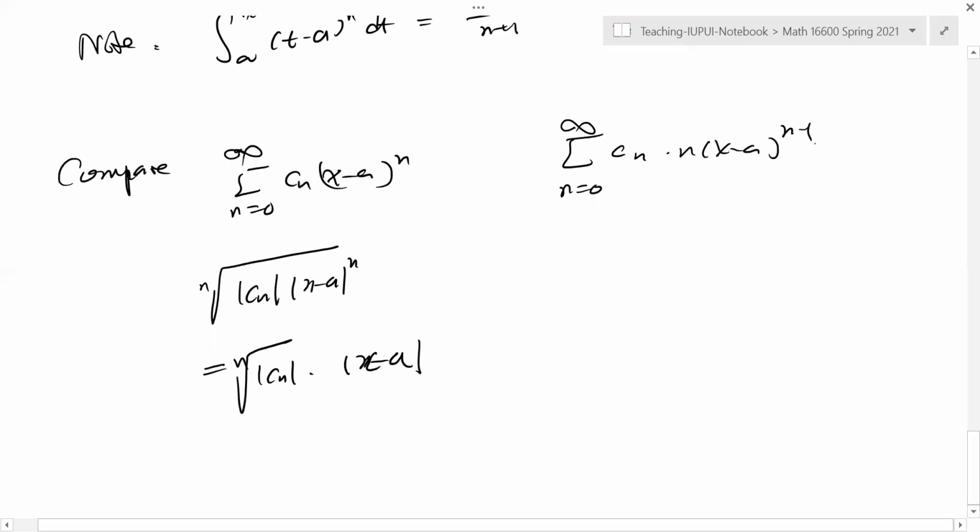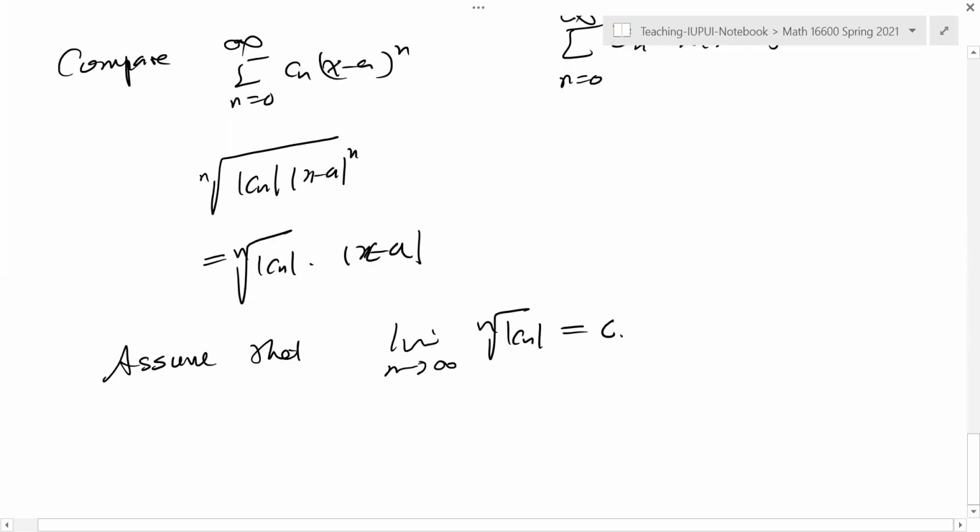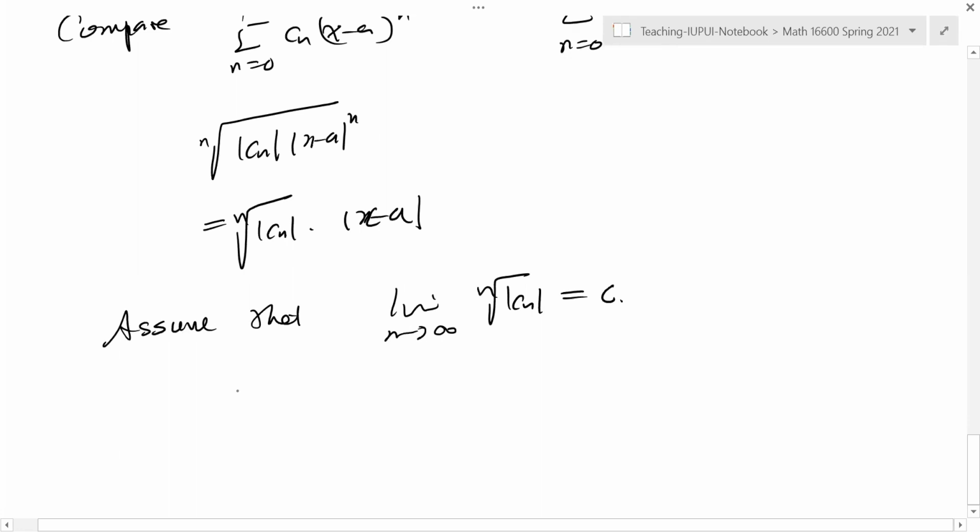If we assume that this limit of the nth root exists, but not always, and that this limit as n approaches infinity exists, that's called C.